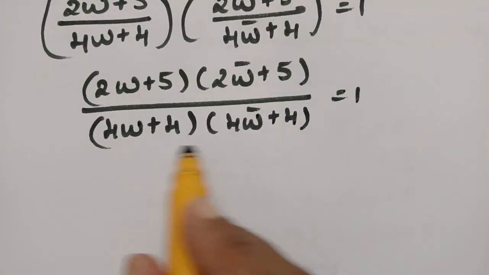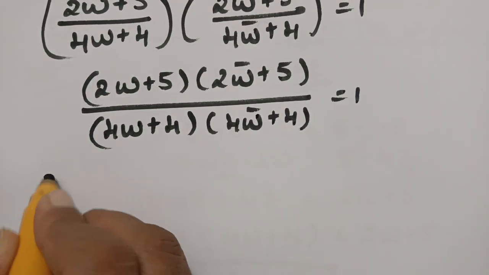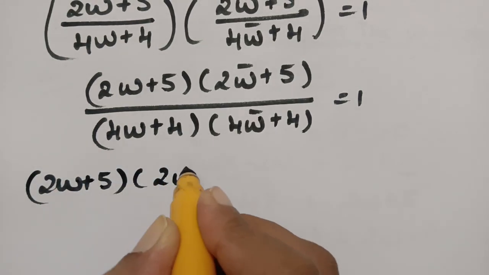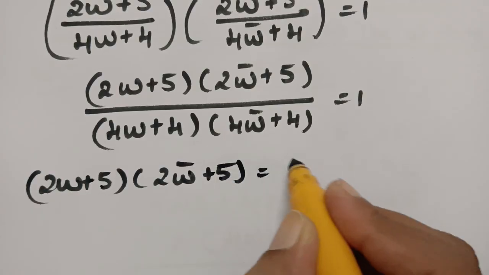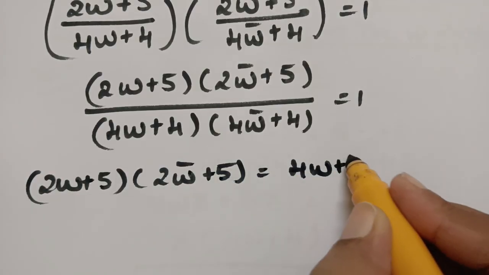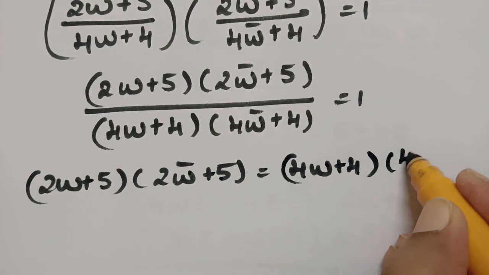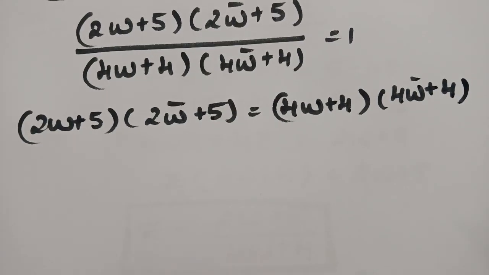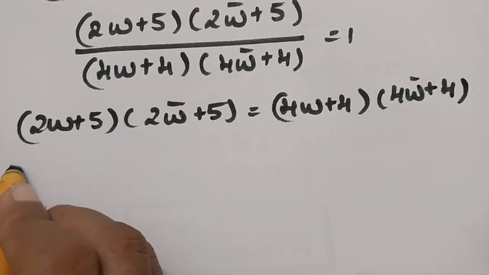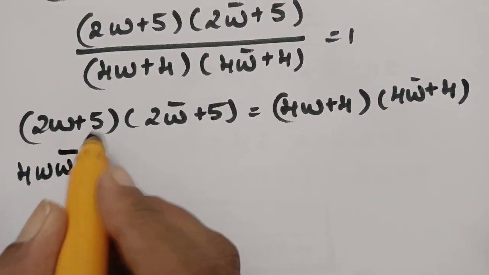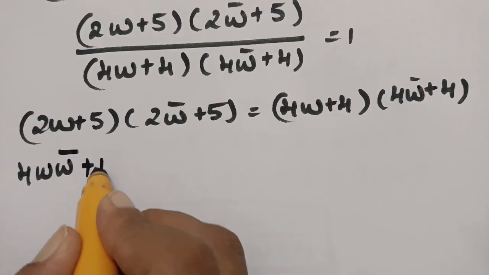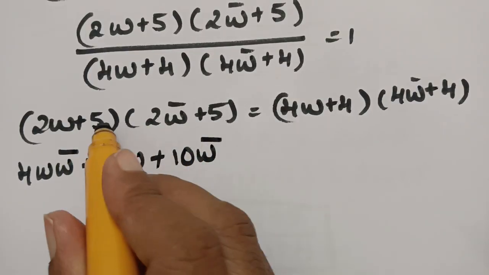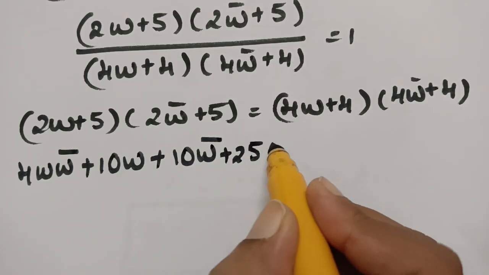If I send this term to the other side, then this will be (2w + 5)(2w bar + 5) equal to (4w + 4)(4w bar + 4). Now if I keep multiplying, this will be 4w w bar, and 2 fives are 10w, and 5 twos are 10w bar, and 5 fives are 25.